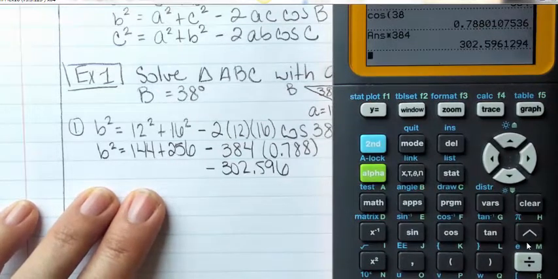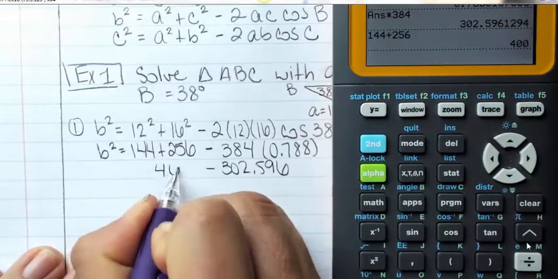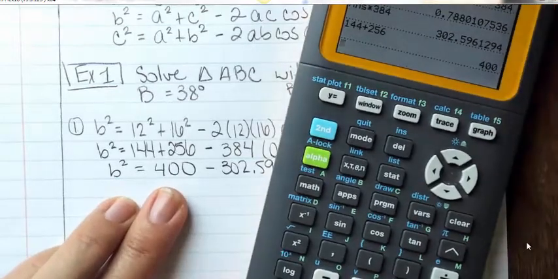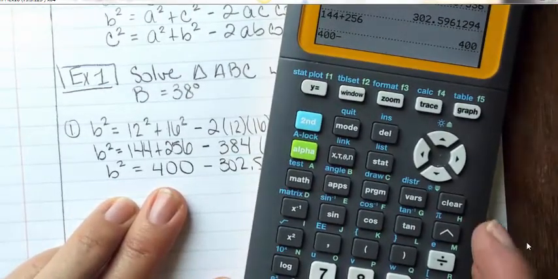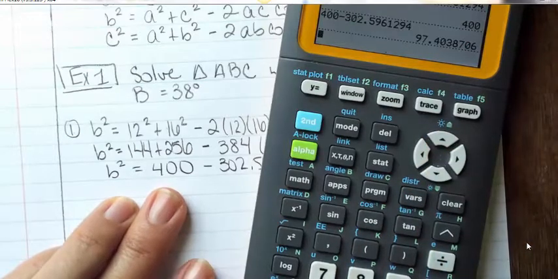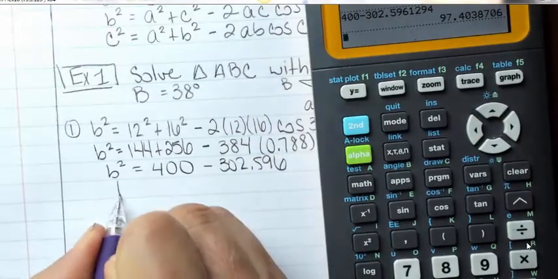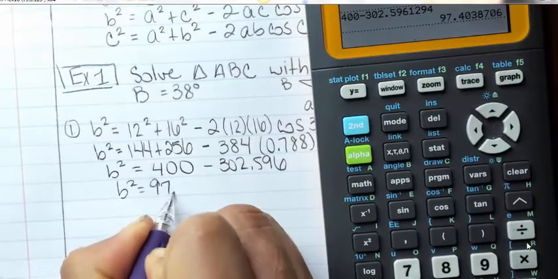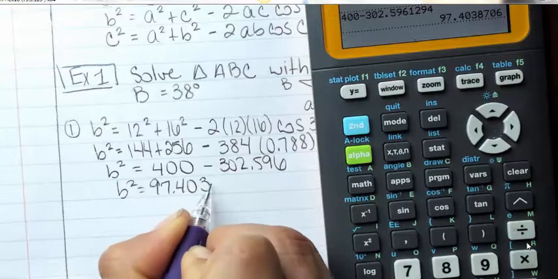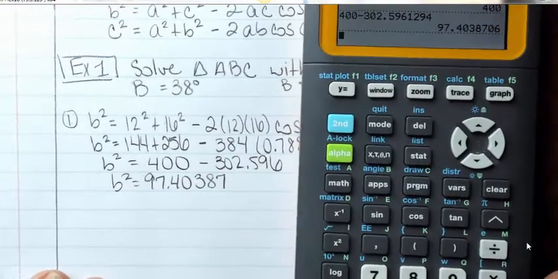And 144 plus 256 is 400. So now I can take 400, subtract, and I'll actually go back up here and grab that 302 number. Okay, so I get B squared equals 97.387, just so I'm not rounding too much yet.